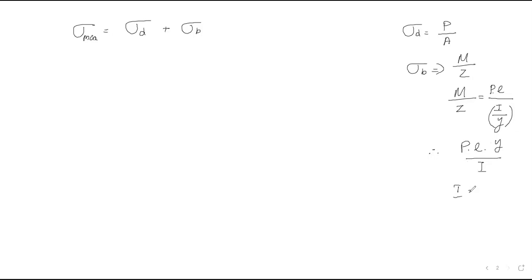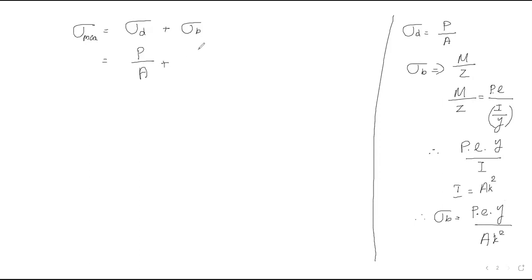We all know that I is equal to A into the minimum radius of gyration squared, so we are going to substitute that. Therefore sigma b is equal to P into E into Y divided by A into k squared. So sigma max is equal to P by A plus P into E into Y by A k squared. Here the term P by A is common to everyone, so I am going to take P by A outside as a common term.